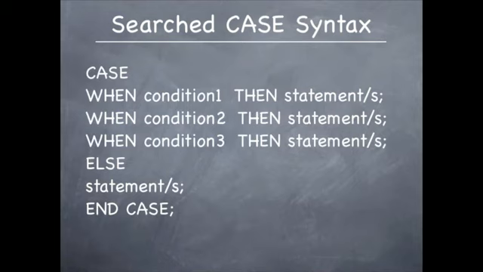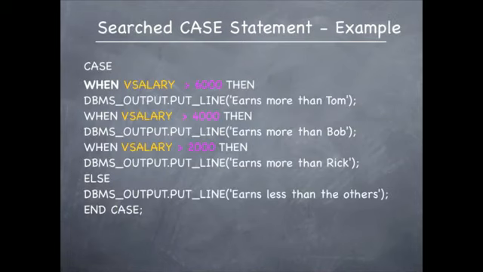On this slide is the use of the searched case statement. It goes as when vSalary greater than 6,000, then DBMS output line earns more than Tom. If that condition is not true, the next check is done with when vSalary greater than 4,000, then DBMS output line earns more than Bob.